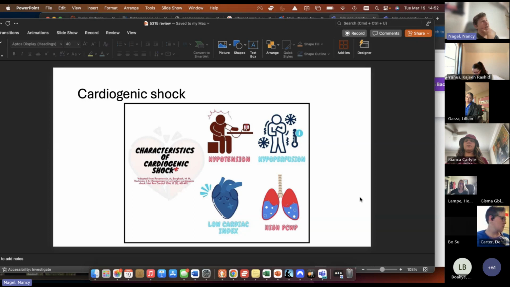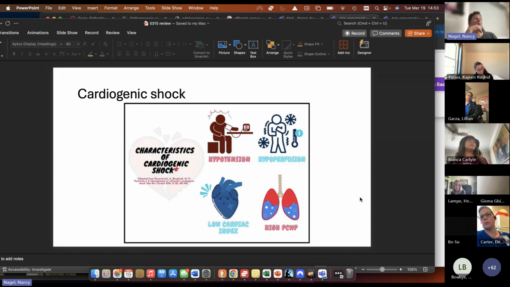And then the cardiac index is going to be low. The cardiac index is how good is their squeeze? How much blood are they getting to the periphery? And it's going to be low. So when we put in a Swan-Ganz catheter, pulmonary artery catheter, and we start measuring these things, it's going to be low. And then they're also going to have a high wedge pressure.